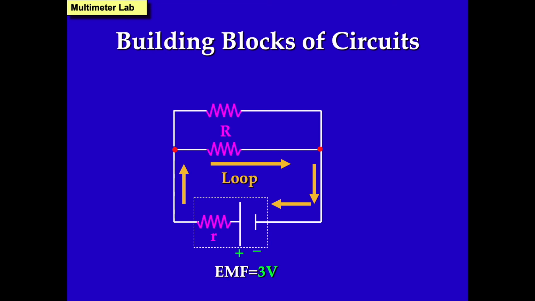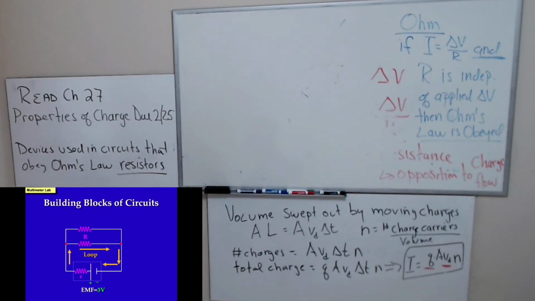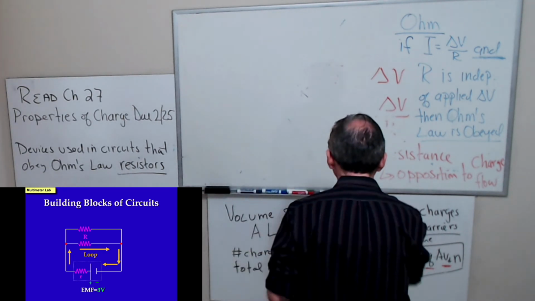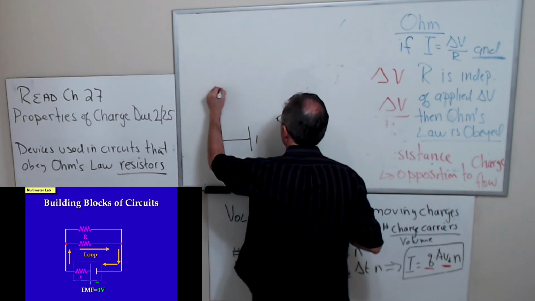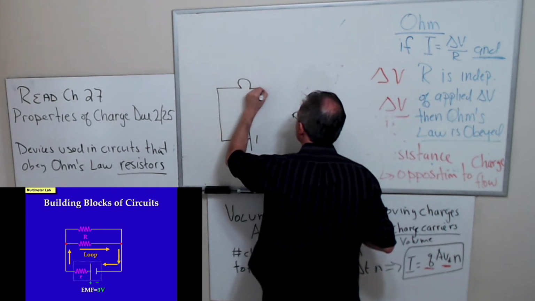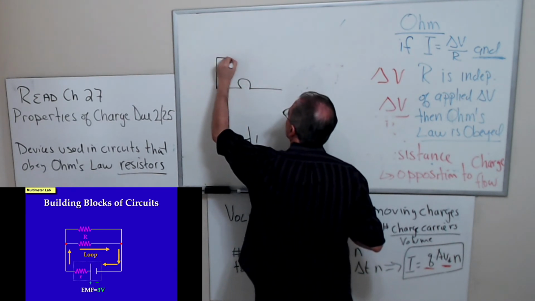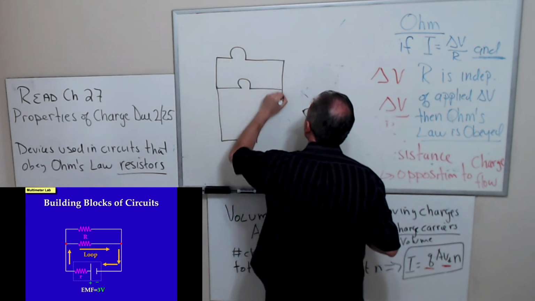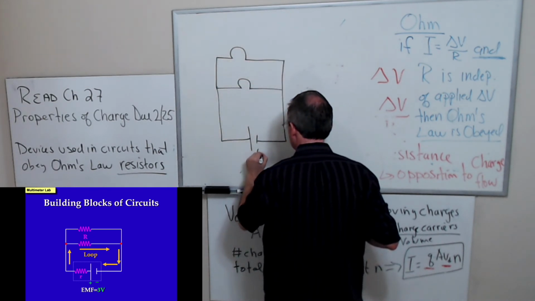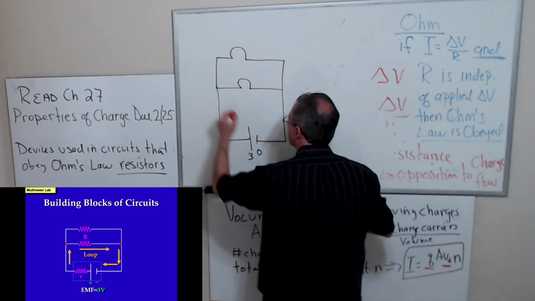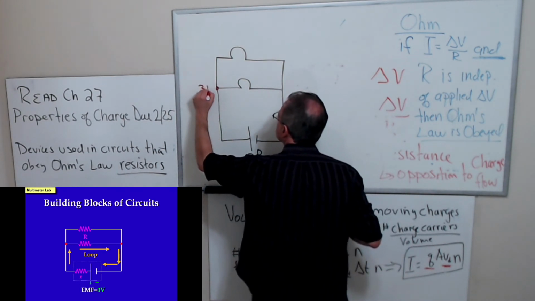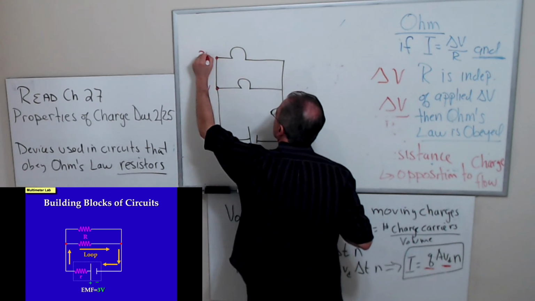Let me go to the board and let me draw the idealized version of this circuit. I'm going to draw a light bulb instead of resistors. Let's make that 0 volts. Let's make that 3 volts. So this point here is at 3 volts. This point here is at 3 volts.